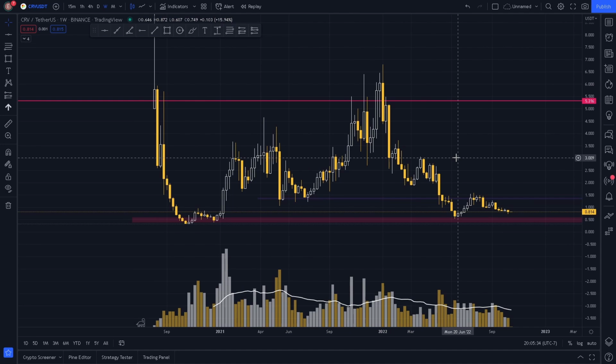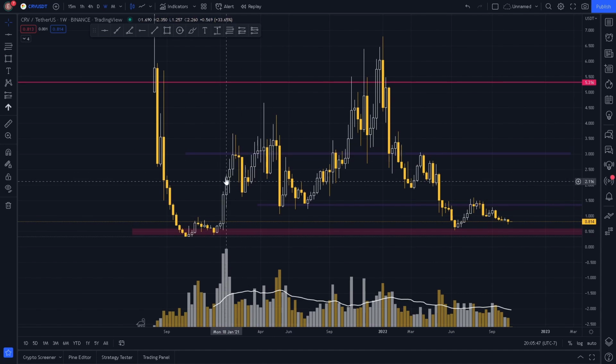So what else do we see? Well, we can see a key level right here on the crosshairs. So let's go ahead and plot this on the chart. We see at this key level here multiple reactions as resistance, and we see reactions as support.